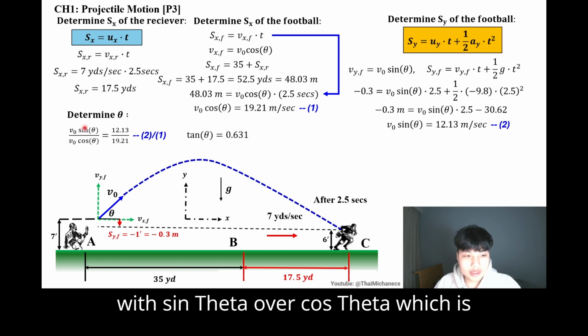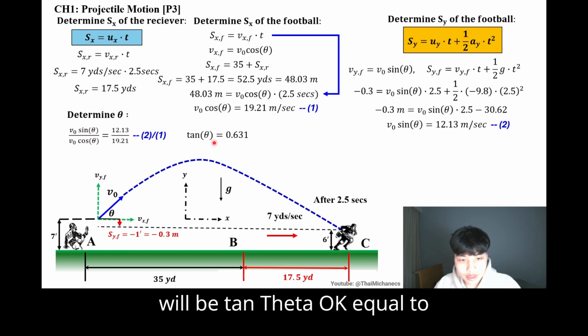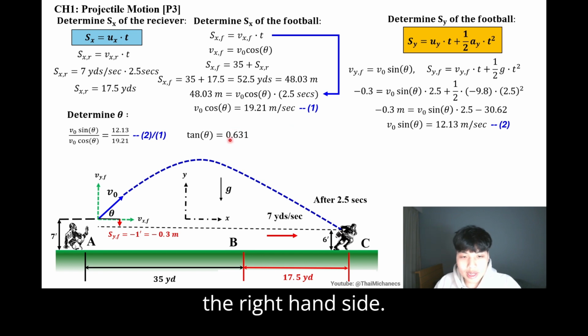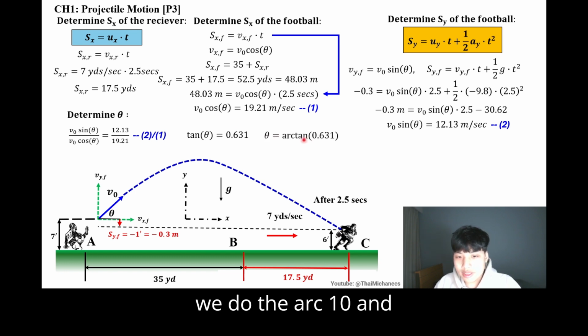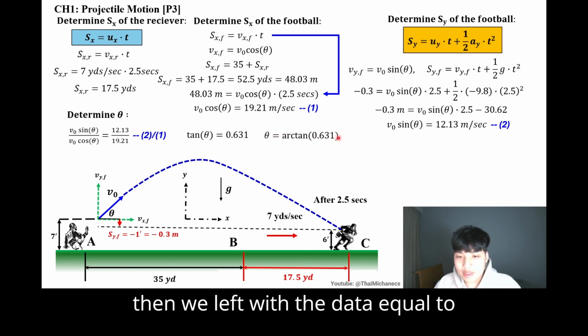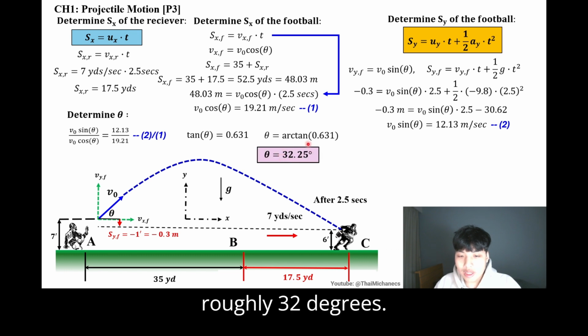Then we are left with sine theta over cos theta, which is tan theta, equal to the right-hand side, 0.63. Then we do the arctan, and we are left with theta equal to roughly 32 degrees.